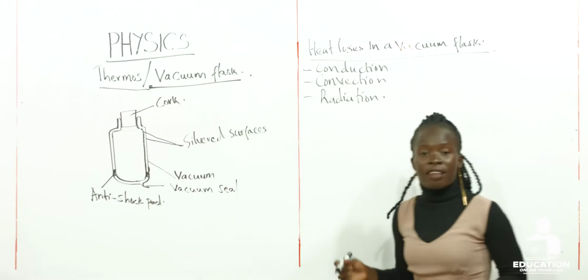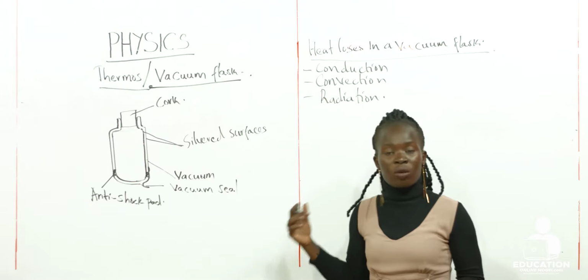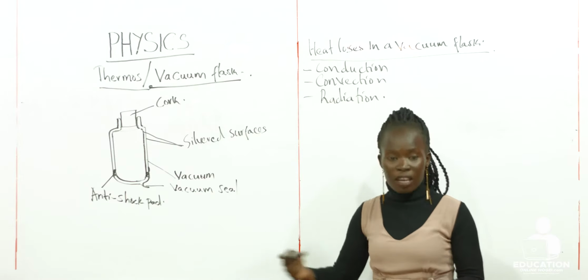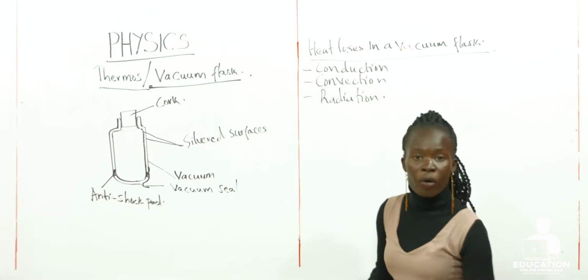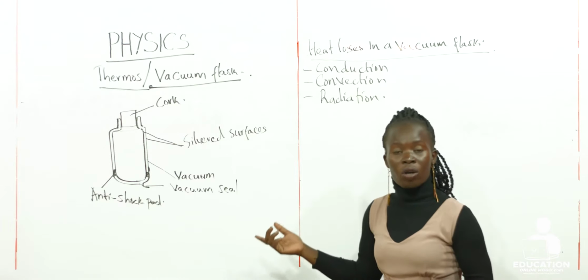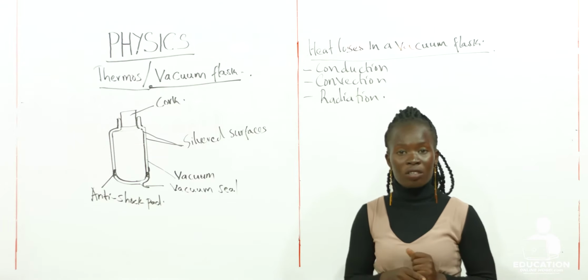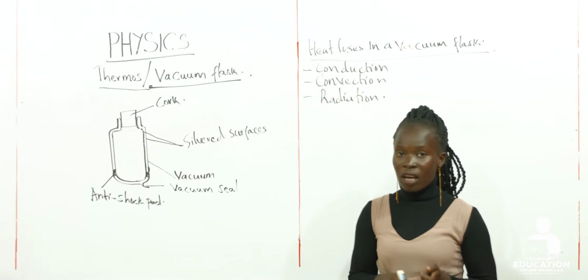So these are the forms of heat losses that occur in a vacuum flask that make it not keep its liquid hot, or the cold one remain as cold as it was.